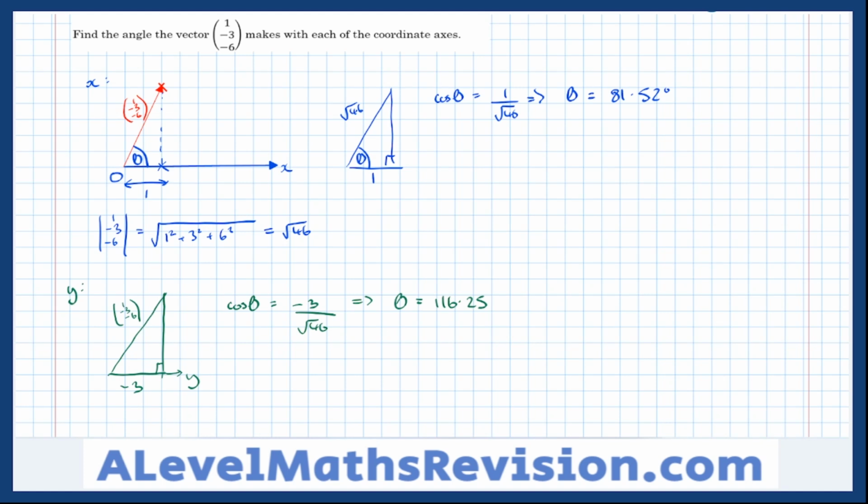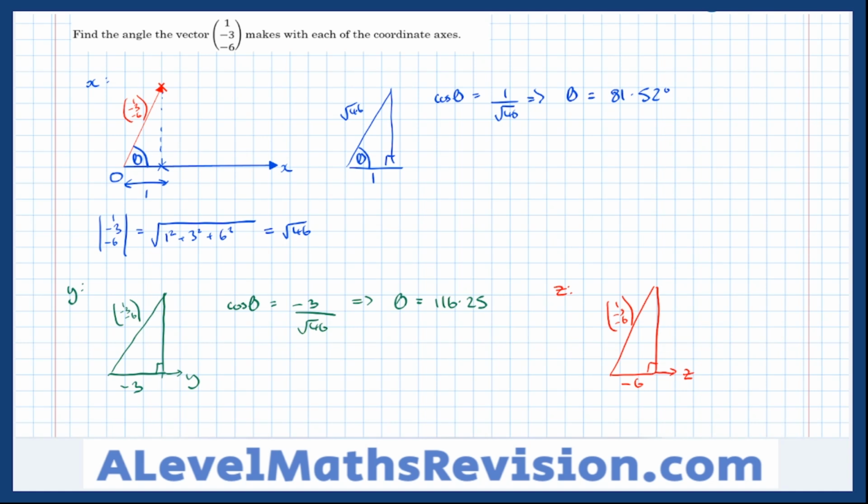And finally, let's do z as well. Right-angled triangle: this time, z is -6, and again the hypotenuse is our vector (1, -3, -6). This here is the z-axis, and we're looking at it from that point of view.